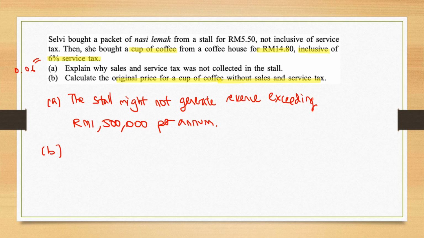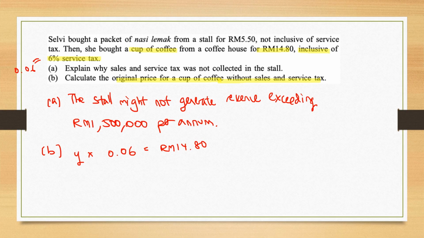Since the price is 14 ringgit 80 cents, I can write it this way, using y: y times 0.06 times 14 ringgit 80 cents. That means we have to add 1 to this factor. To find the original figure, we have to add 1 to 0.06.